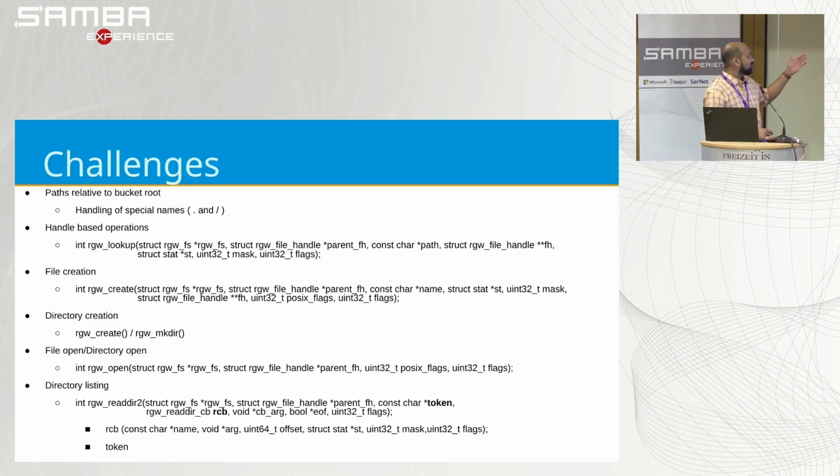For directory creation, there are technically two APIs which we can use. One is RGW create and the other is RGW mkdir. Initially we did try to use RGW mkdir, but mainly librgw was developed as support for NFS over RGW, and so it is more influenced towards NFS style syntaxes, calling mechanisms and semantics for operations.